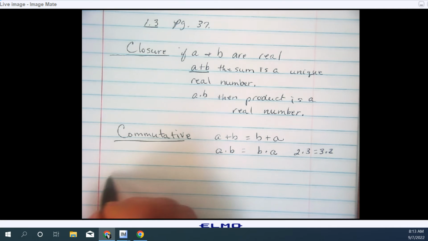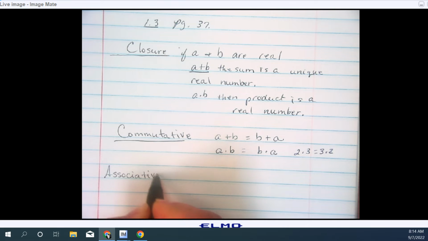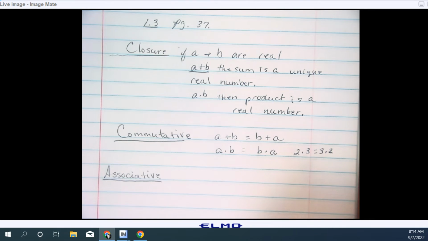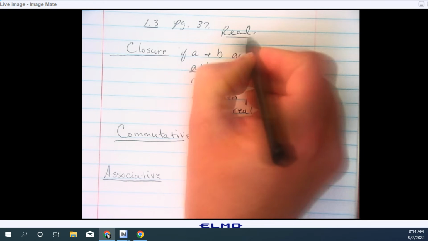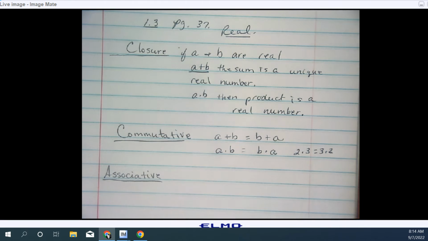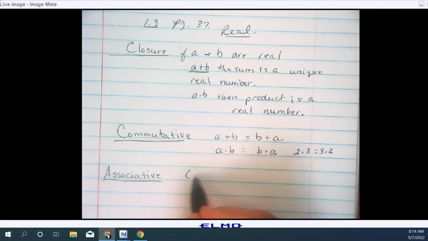Now, the associative property says that for A, B, and C real numbers, so these are all under real, I'm not going to state that A, B, and C are real numbers because we are in the set of real numbers.